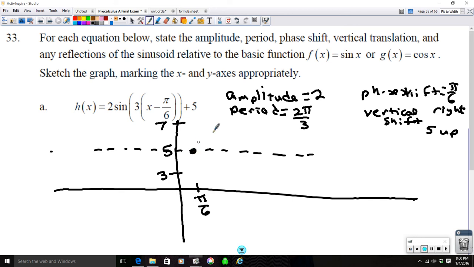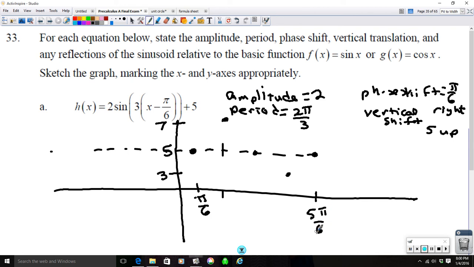It's going to hit the maximum, goes back to the central axis, hits the minimum and goes to the central axis. So we know one full revolution is going to be 2 pi over 3. 2 pi over 3 is going to end this at 5 pi over 6.